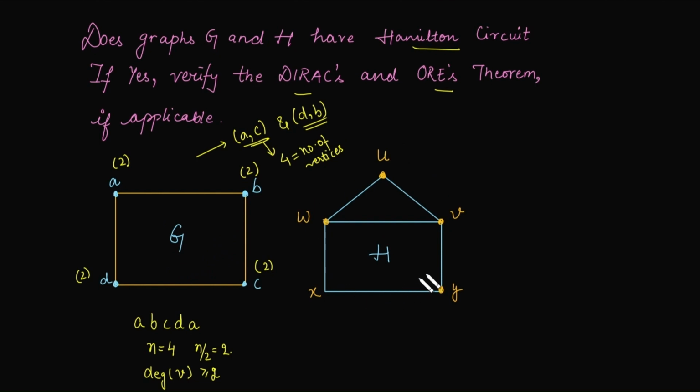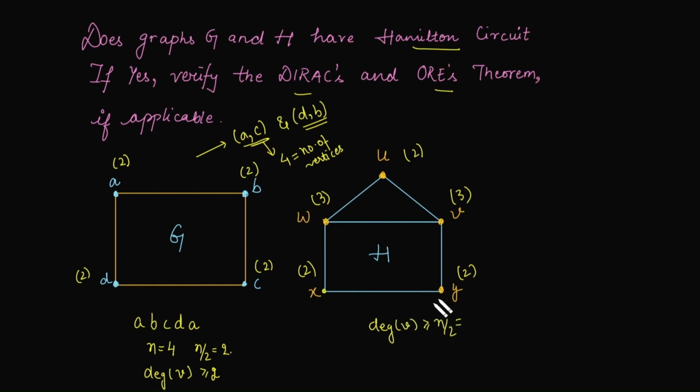Now what about the graph H? First we will check for a Hamilton circuit with the help of Dirac's theorem. For that we need the degree of each vertex: 2 for this, 3 for this, 2 for this, 2 for this, and 3 for this. Dirac's theorem says that the degree of each vertex must be greater than or equal to n/2.